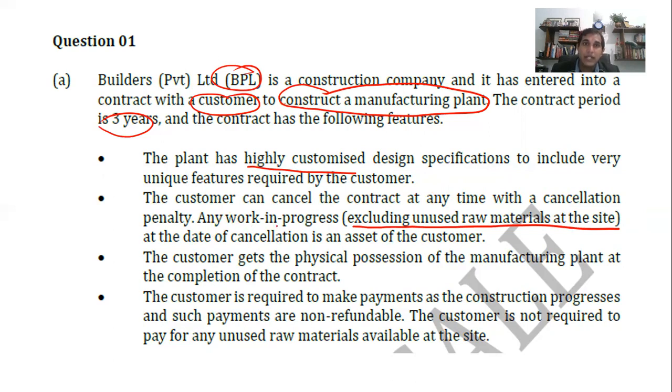Any work in progress, excluding unused raw materials at the site at the date of cancellation, is an asset to the customer. Now you can think, I have already highlighted these points under section 35 of SLFRS 15. Now this is an asset for the customer, work in progress excluding raw materials. I already highlighted 3 points.